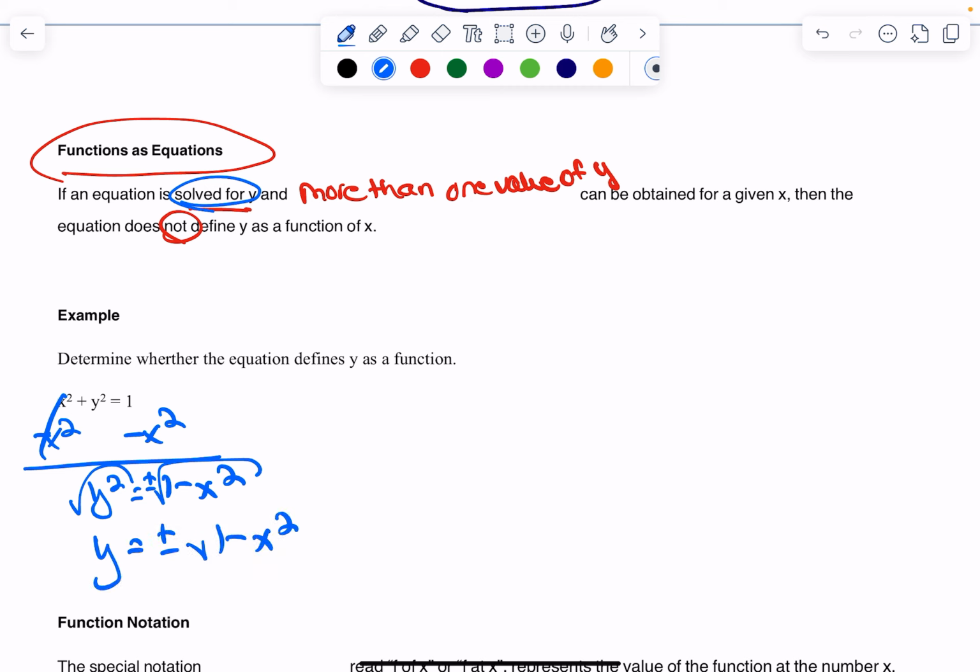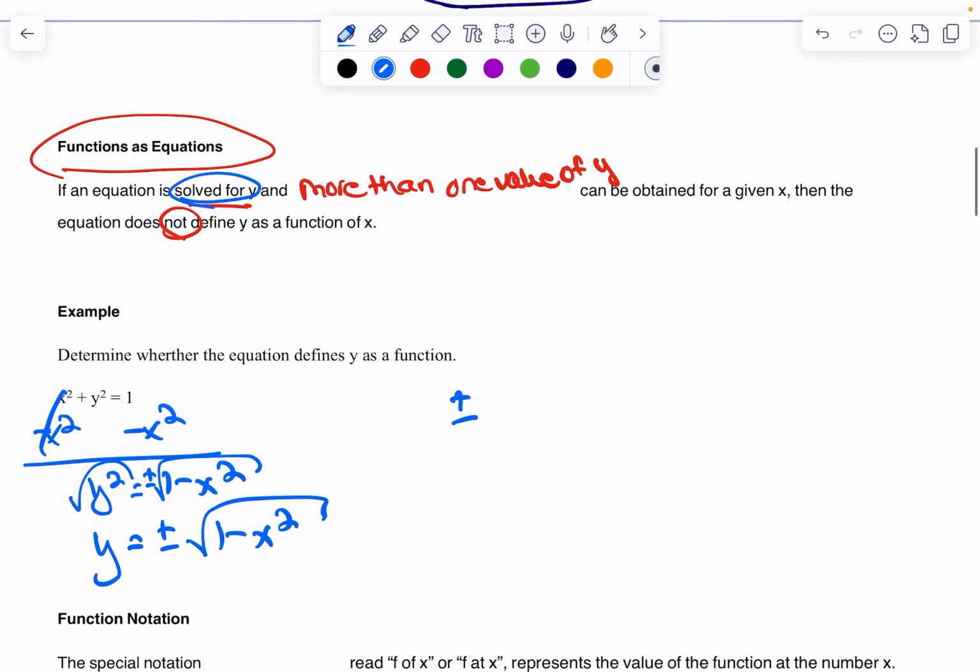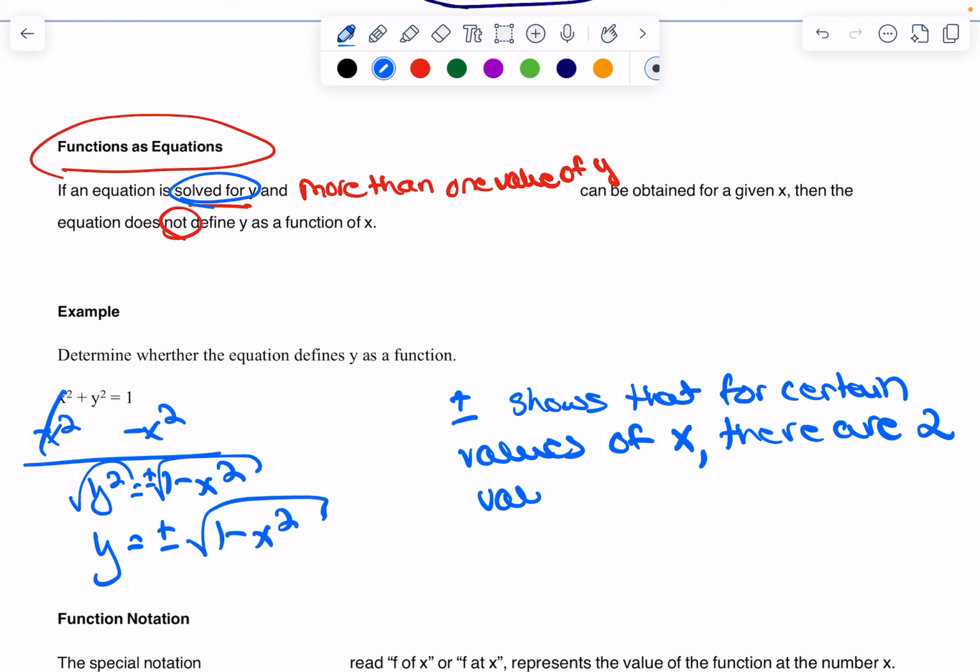Because we have the positive and negative, it shows that for certain values of x, there are two values of y.